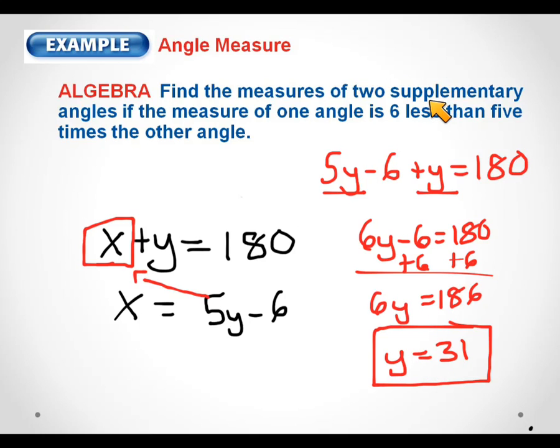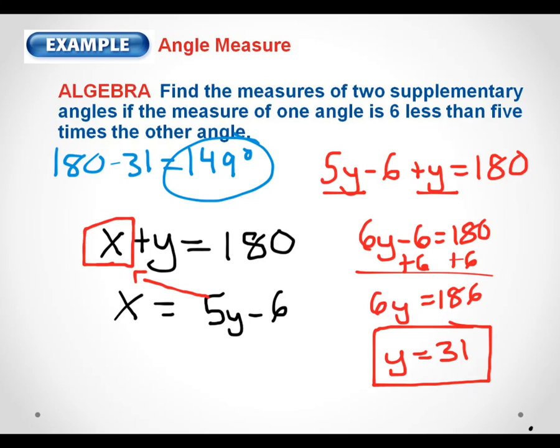Yeah, they're supplementary. So if one of them is 31 degrees, I'm just going to take 180. You could also plug it back in here and solve this equation, which is exactly what you'd be doing. Since they're supplementary, I know if I take 180 minus 31, I get the other angle. So the two angles in this case are 149 degrees and 31 degrees.